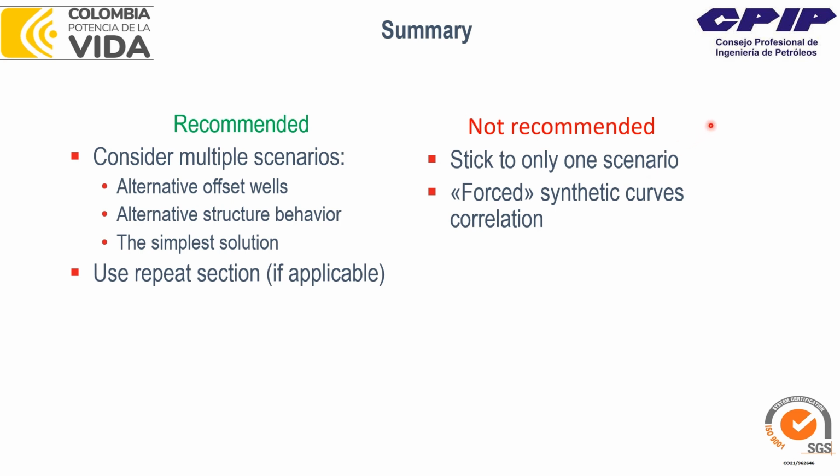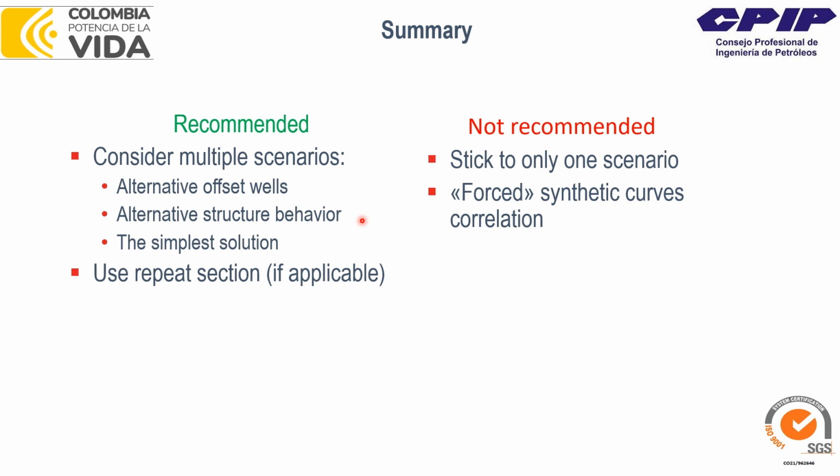So, the summary: it's recommended always, especially when you work with a limited set of measurements like gamma ray only or gamma ray and resistivity, to consider multiple scenarios, right? Try to use different offset wells if you have them. Try to use different scenarios of structure behavior. For example, if your main correlation is dip up, open a new scenario and try to make it dip down.